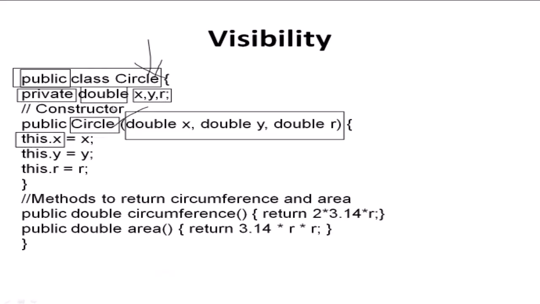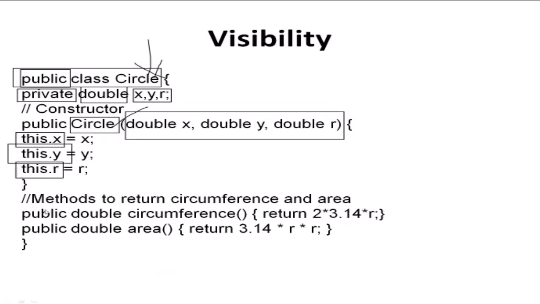A private variable cannot be overwritten from outside, because the value will be fixed. It cannot be changed. So at that time, we can initialize whatever parameter we are passing, x equal to 10, y equal to 10, in a similar manner, using this as a keyword. Whatever variable we are passing through the parameter, it is going to assign that. So here we have this.y equal to y, this.r equal to r.